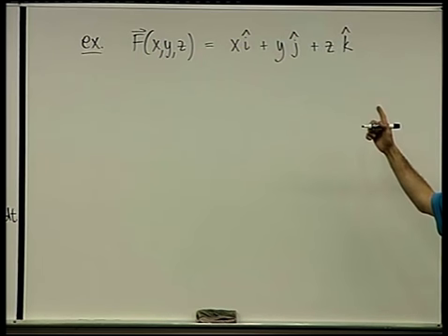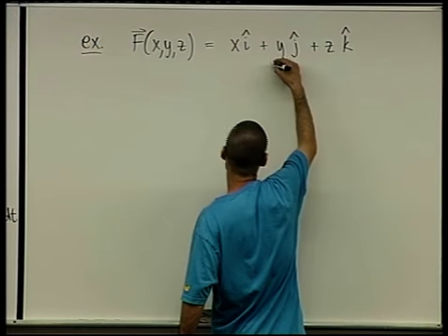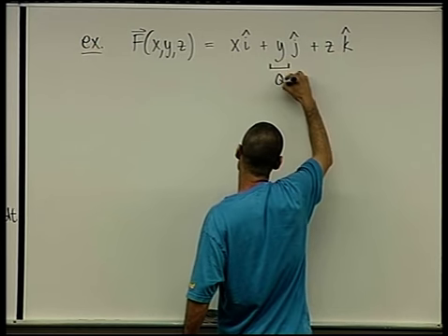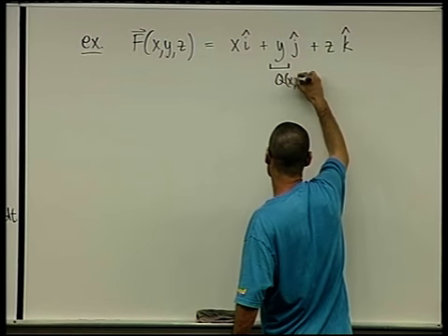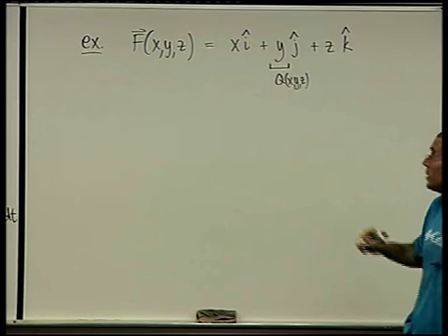Do you see that this is a field, that its output is a vector? What's q of x, y, z for this field? Q is the j component, so q for this field is just y. This is q of x, y, z. Okay, it's a simple field because it's the first example.